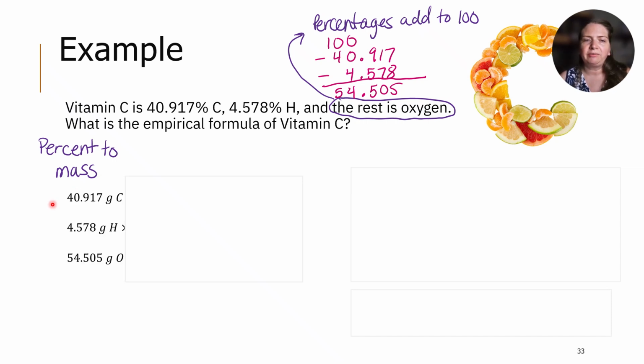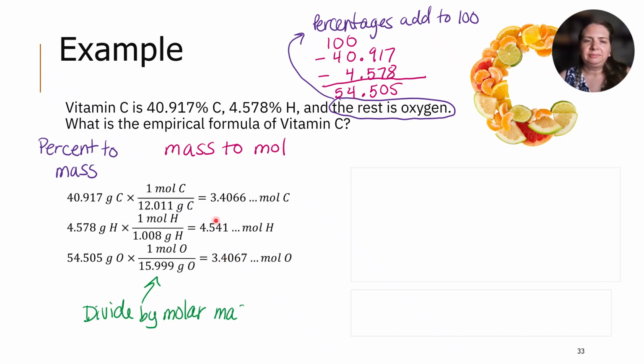Now convert the percentages to masses by assuming we have 100 grams of compound. We have 40.917 grams of carbon, 4.578 grams of hydrogen, and 54.505 grams of oxygen. Using the molar masses, we can convert each of these masses into moles.